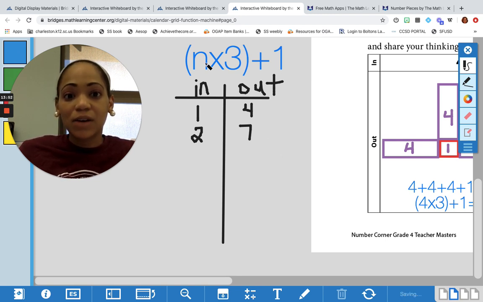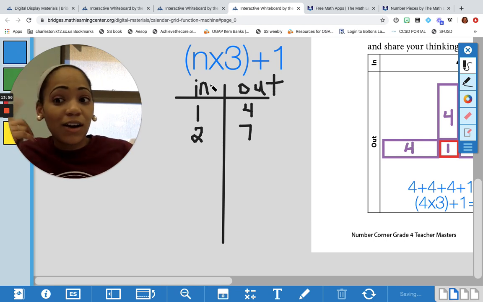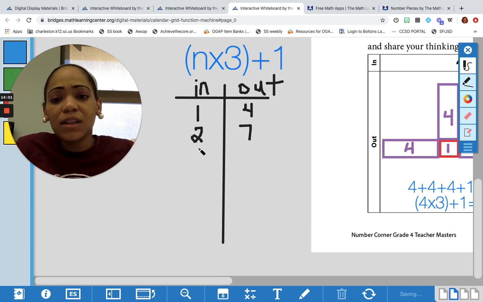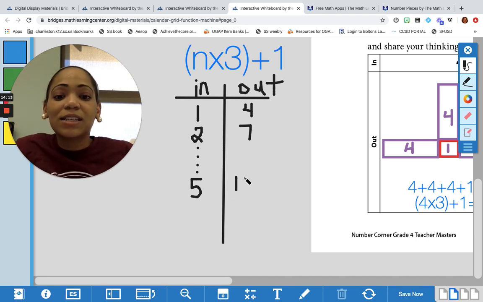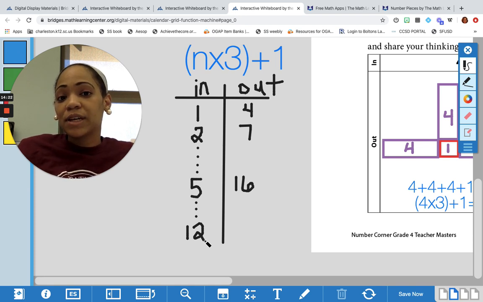But here is our overall equation, expression that we're using in our function machine in order to create a pattern. Let me just fill in another number. Let's do 5. We know 5 times 3, we just solved it, is 15 plus 1 is 16. Let's try it for 12, which is today's date. Today is the 12th. What is 12 times 3?